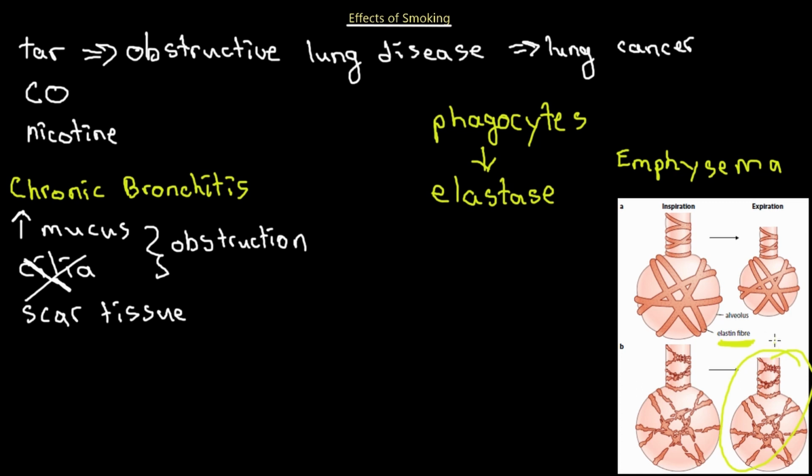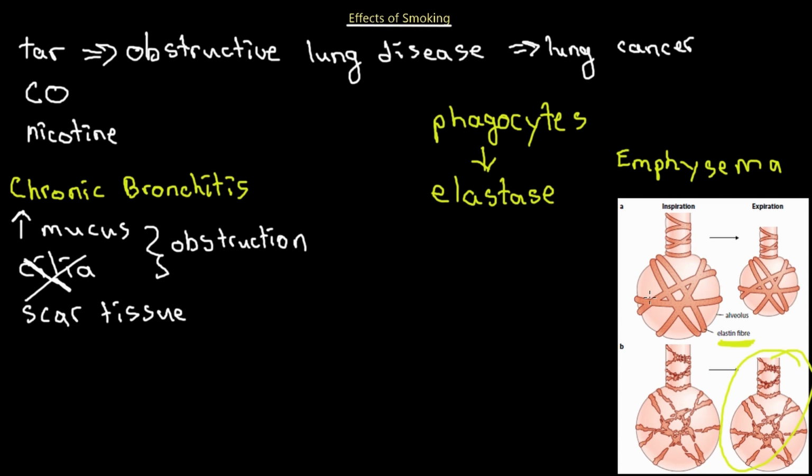As you can see here, it's not going to recoil back to its original shape. And elastin's responsible for that recoil, and with much smaller quantities of that elastin because it was broken down, the alveoli do not stretch and recoil when breathing in and out. And as a result, the bronchioles collapse during expiration, trapping air in the alveoli, which often bursts.